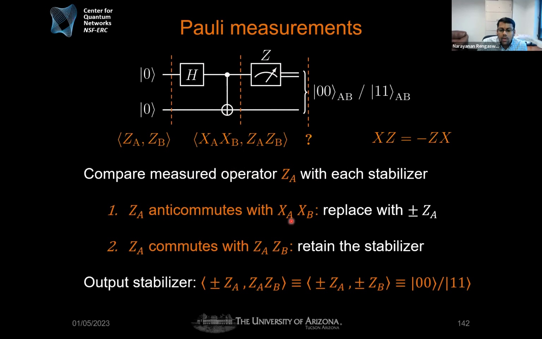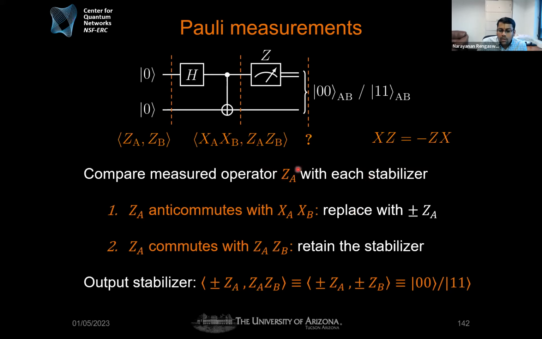So you have ZA. What the stabilizer formalism for measurements tells us is you take the operator you're measuring, Z, and compare it with the stabilizers of the state before the measurement. You see that Z anti-commutes with XAXB, simply because Z on A and X on A anti-commute.